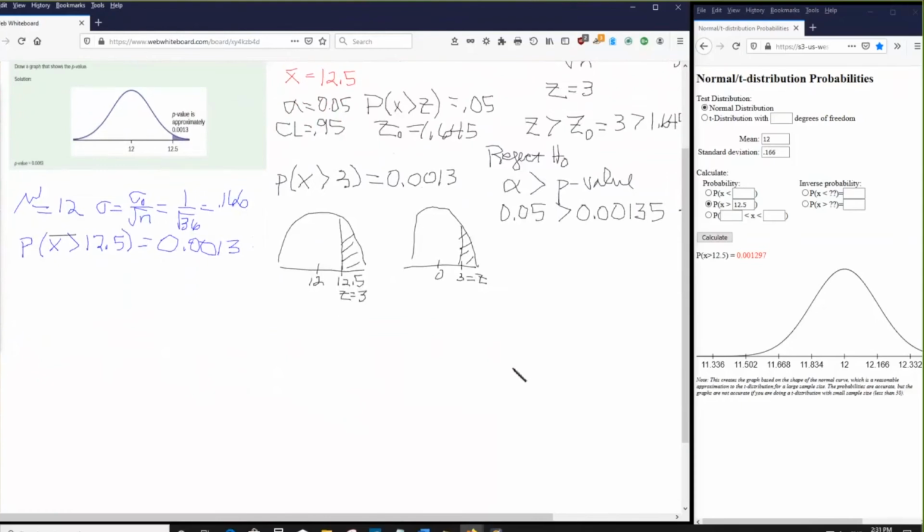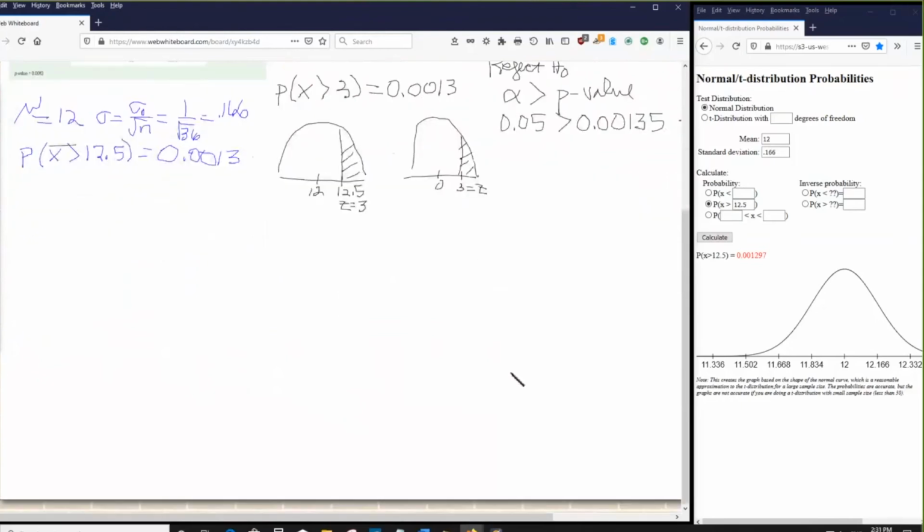Okay, let's do another example. Here's another one. This is the baker example. A baker claims that his bread height is greater than 15 centimeters.